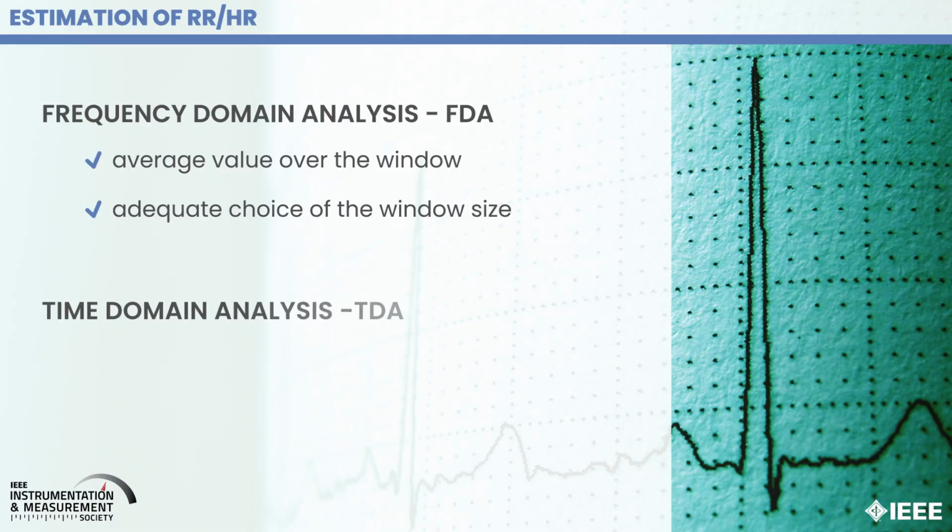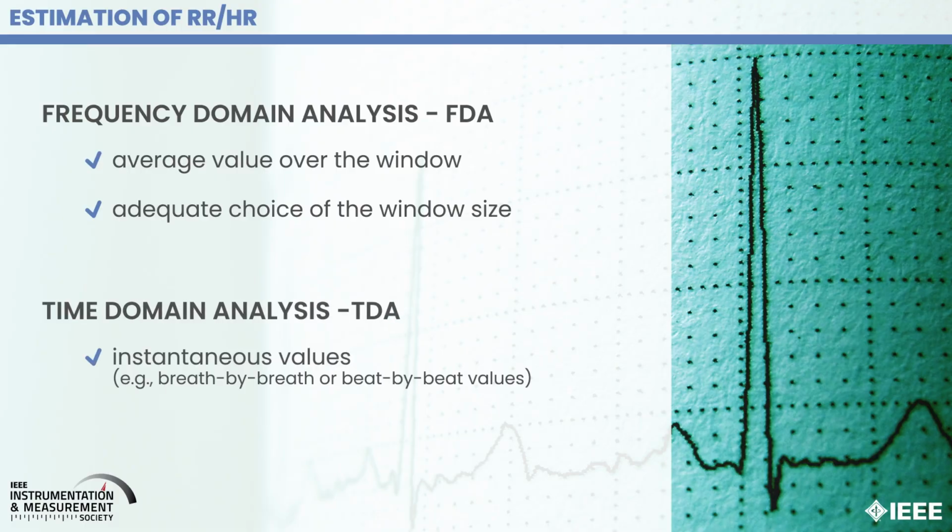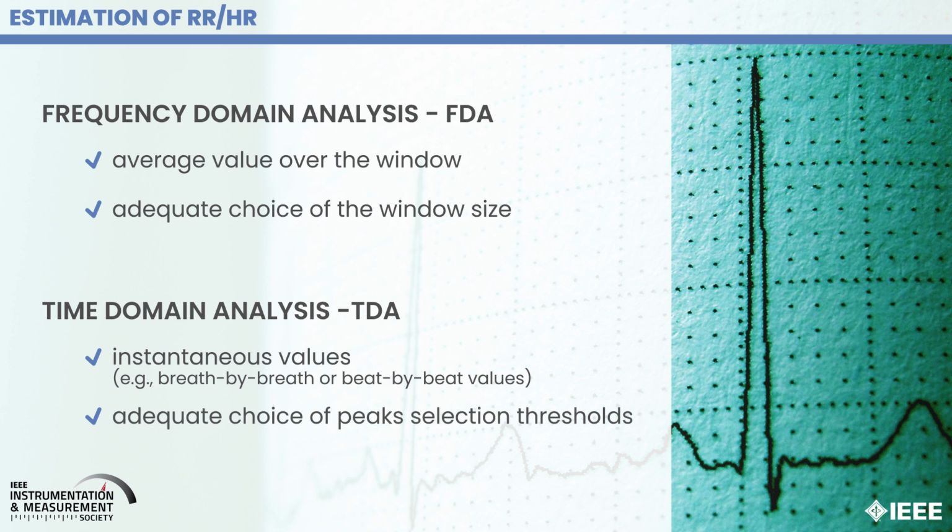In fact, you can identify peaks and estimate the breath by breath or beat by beat value over the analyzed window. In this case, it's really important to define thresholds to automatically identify peaks on the signal. For the FDA analysis, you don't need a very high quality signal, while for the TDA, you need that.